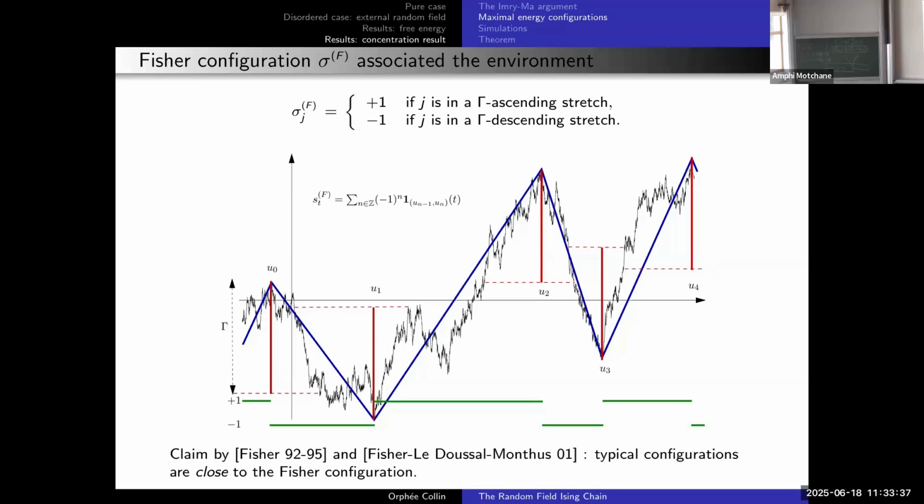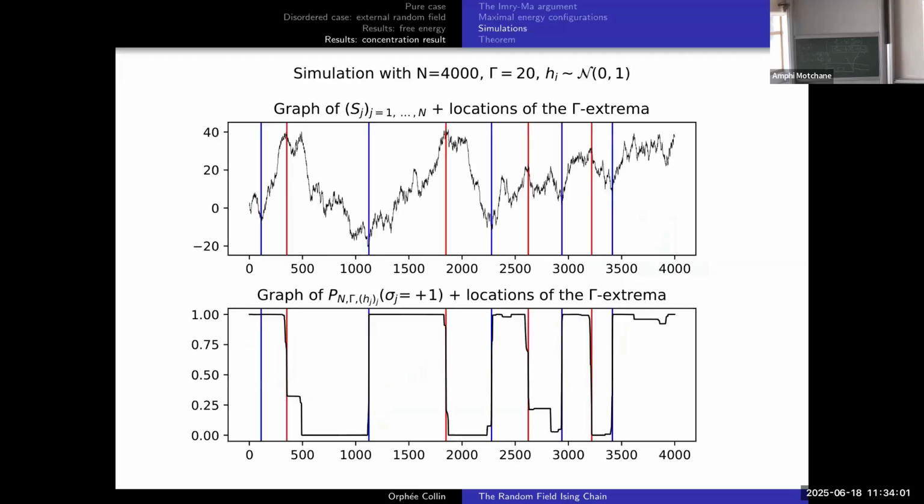So this might typically happen with positive probability. This is also a behavior which contributes to the discrepancy: on a full gamma stretch, the spins may switch.